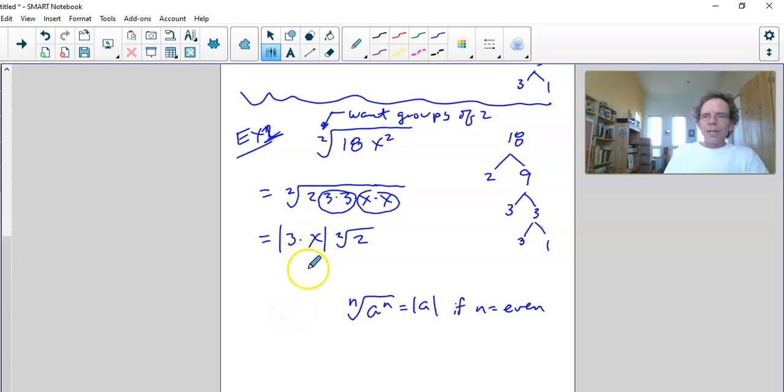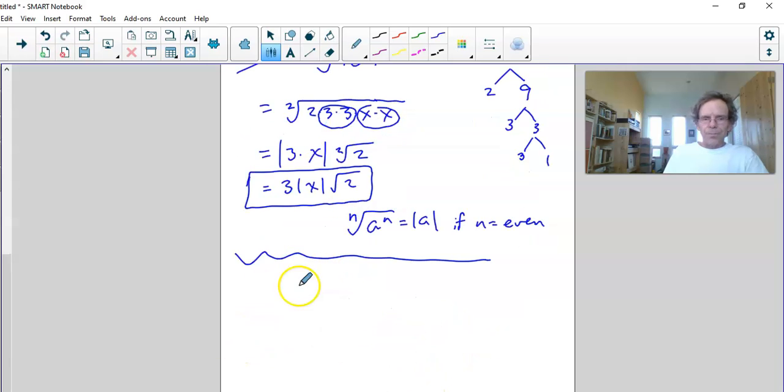Now the thing is, 3 is always positive, so the absolute value of a positive is just itself. So I could really write this as 3 absolute value of x square root of 2. I won't even write the index anymore because it's a square root. We need that absolute value. If we were told that the variables were positive, we wouldn't need any absolute value, but we weren't told that here.